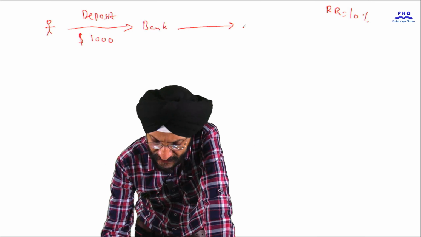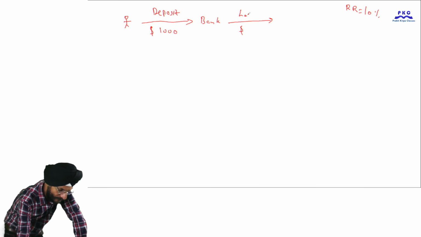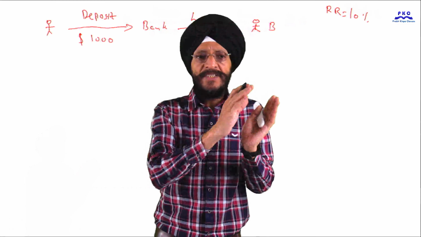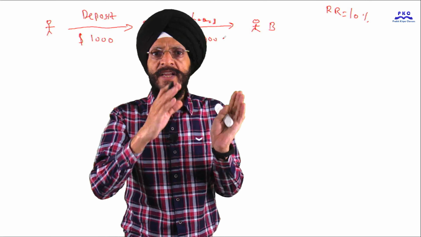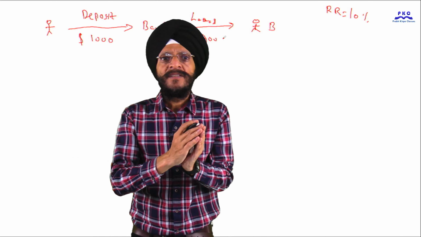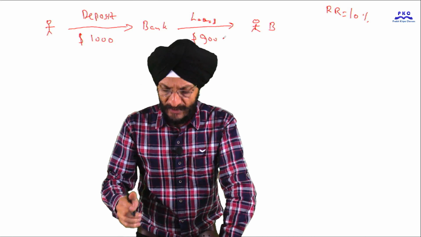Then the banks will lend out the balance as a loan to someone, say another person B, because the initial deposit was $1,000, and after keeping 10% reserves, the bank has given a loan of $900 to person B.